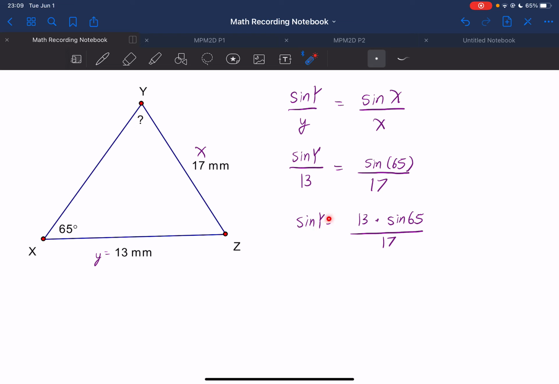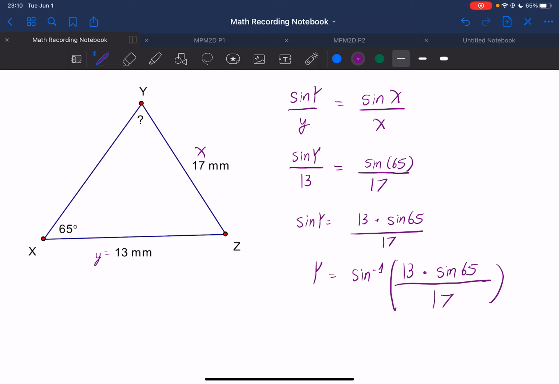We want to know what our y is. When we're trying to find what our angle is, we use the inverse function of sine. So y is going to equal sine inverse, and this entire statement is going to be in the bracket. So we get bracket 13 times sine 65, all over 17.